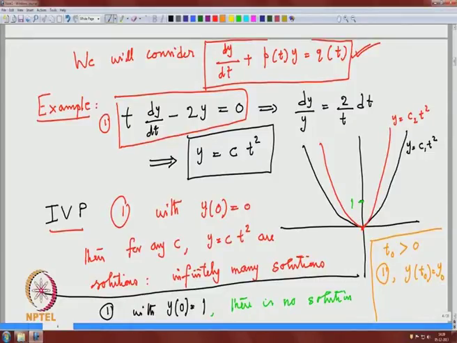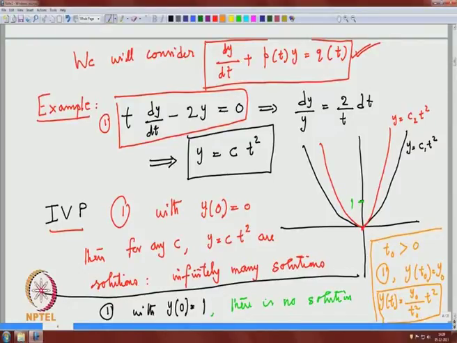Then if I put t equal to t naught here, I get c equal to y naught by t naught square, so y of t is equal to y naught by t naught square times t square, the unique solution. This is for all t greater than t naught. So you have a unique solution for this initial value problem.